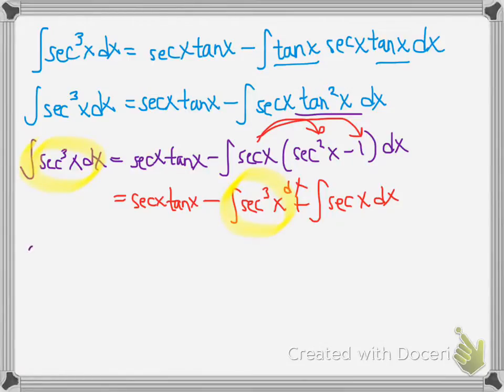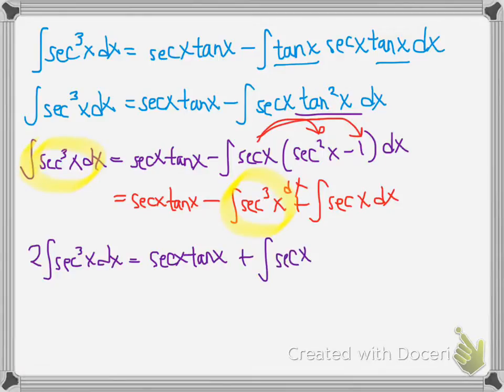Now I have 2 times the integral of secant cubed x dx equals secant x tangent x plus the integral of secant x dx. Now I just need to integrate that.